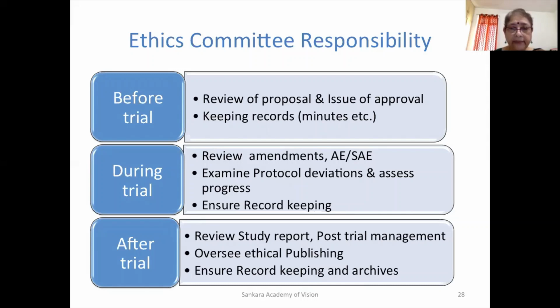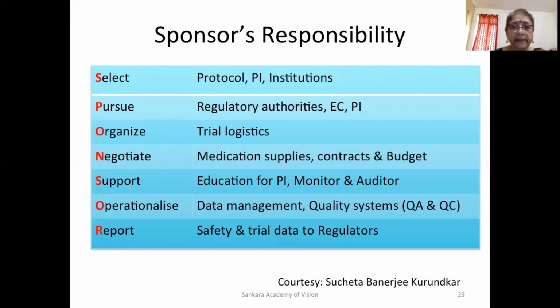Many a time we see that the completion report is not submitted to the ethics committee, and it is the ethics committee's duty to see that the final report and the final closure report come to the ethics committee for archiving.